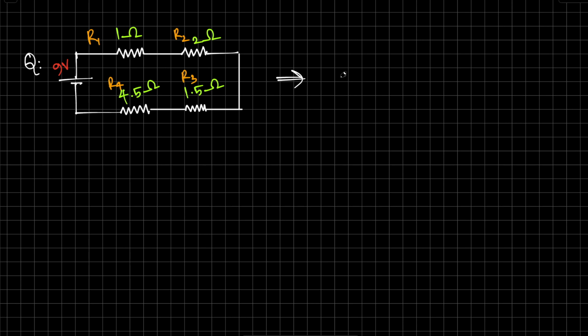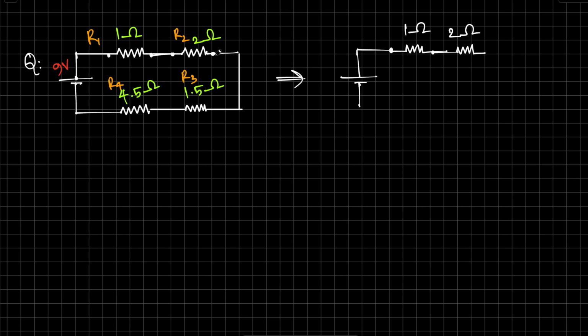We have a battery. From this terminal of the battery, a 1 ohm resistor is connected. That's my 1 ohm resistor. From this end of the 1 ohm resistor, a 2 ohm resistor is connected.